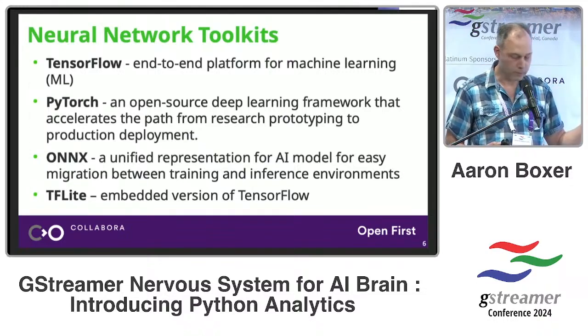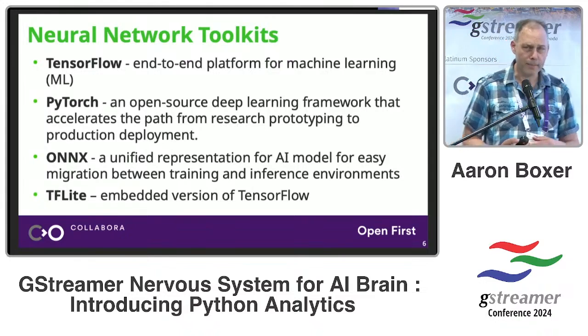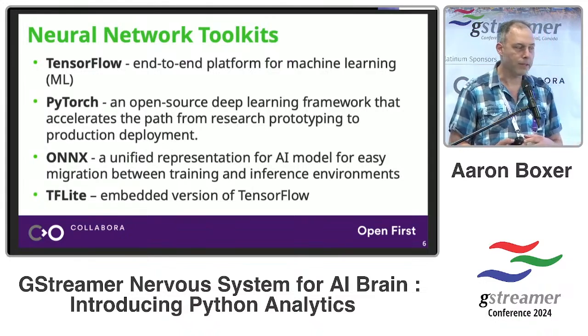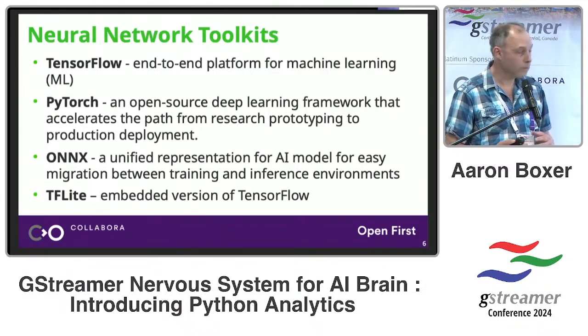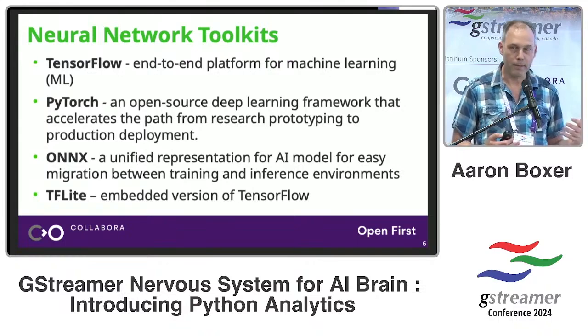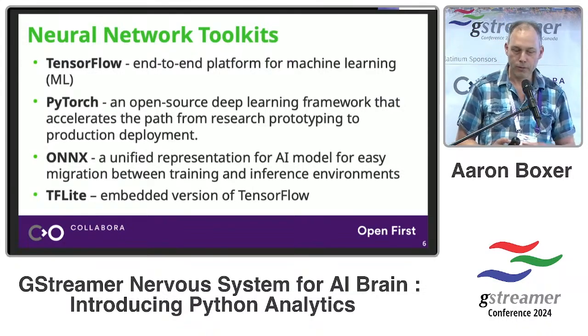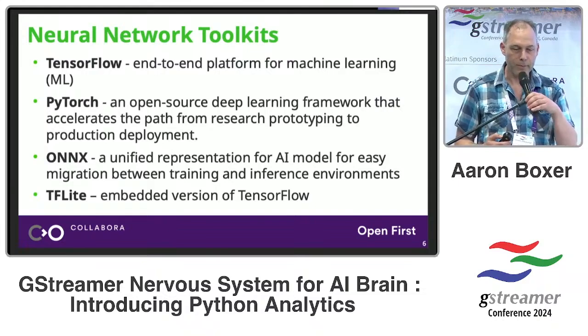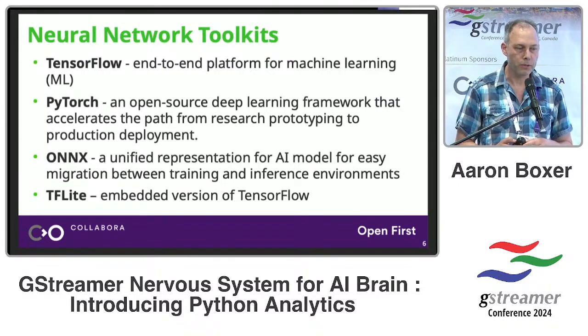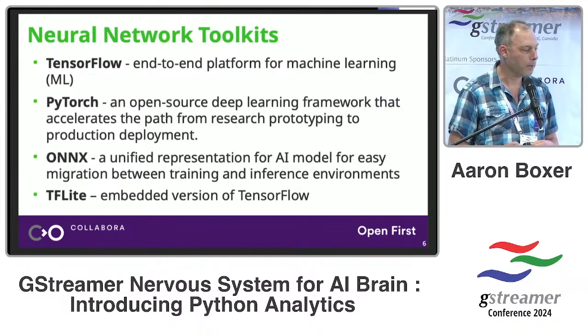I've got an overview of some of the major toolkits that are being used. I capture in their own words what these toolkits do. TensorFlow was originally from Google. It's been around, one of the older toolkits. It's now being surpassed by PyTorch, which was originally more for research, but now it's being used more in production.